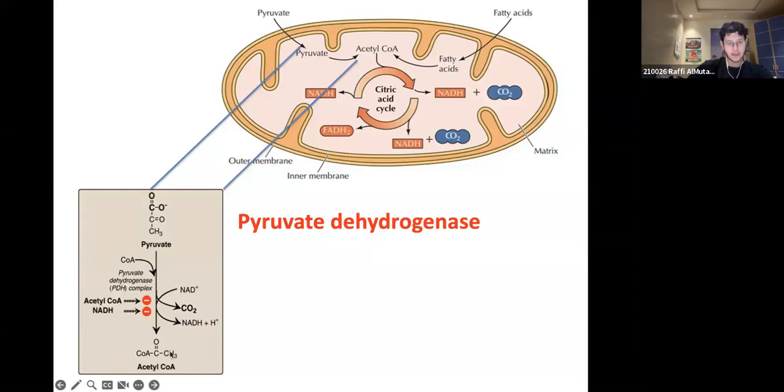Now, pyruvate, like we said, makes acetyl-CoA and NADH. These two can go back and inhibit this step right here. So pyruvate dehydrogenase can be inhibited by acetyl-CoA and NADH, despite it making them. This is what we call feedback inhibition. This is when we make products, and eventually these products come back to this enzyme to inhibit it.